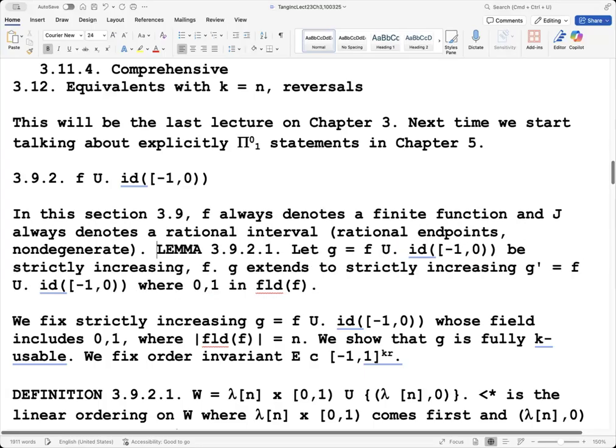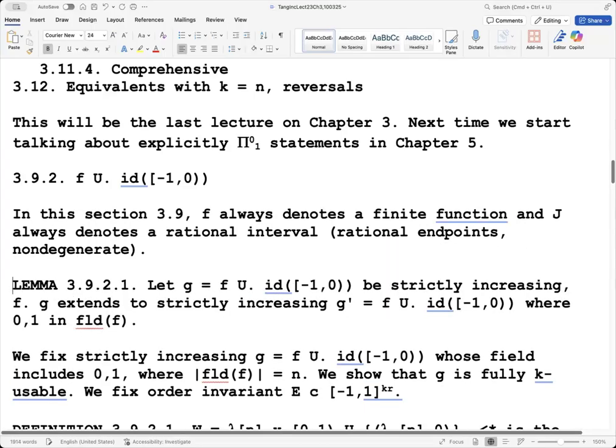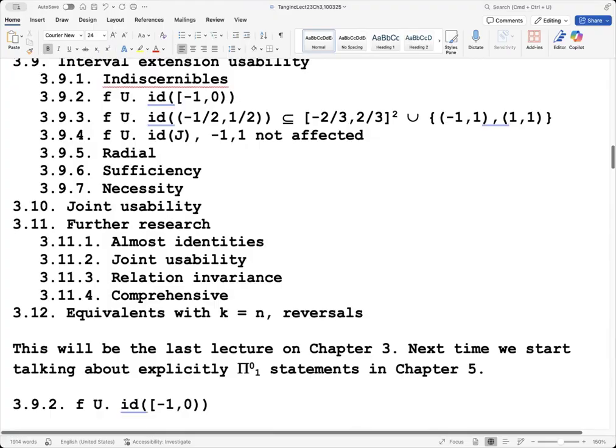I have this old notion way back. I set it up so that there's a thing called a general rational interval. A general rational interval could be degenerate or even empty, but a rational interval is only allowed to be non-degenerate, and always the endpoints have to be rational, and the elements are rationals.